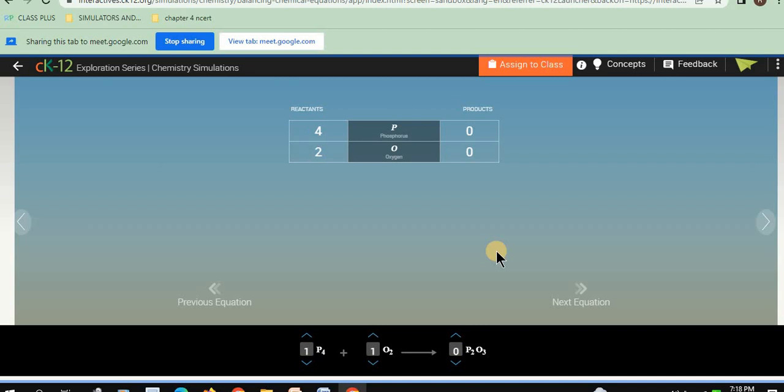So today's tip is, metals are very good reducing agents and non-metals are very good oxidizing agents. So is oxygen a non-metal or a metal? Oxygen is a non-metal. So oxygen is an oxidizing agent. Very simple.